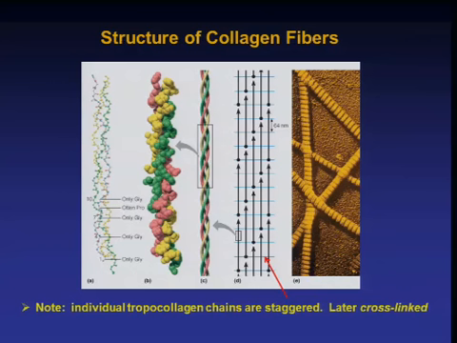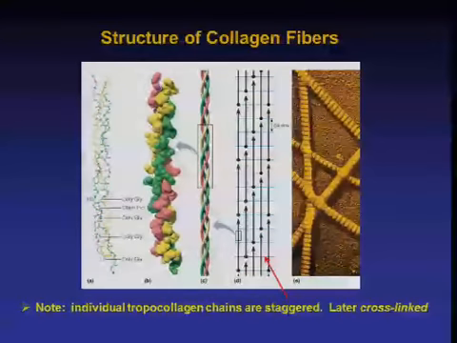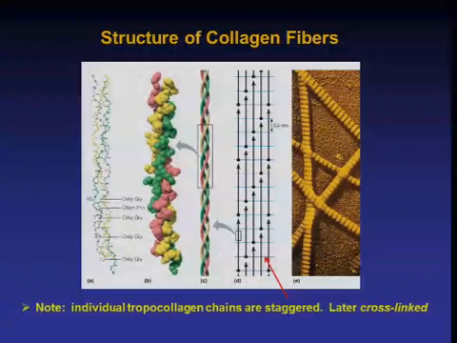If we get one between here and here, these 2 are going to be tethered, which means this is tethered to that, relatively speaking, because they're both tethered to that other fiber, right? So this covalent cross-linking after you've lined these tropocollagens up is what holds the whole thing together, all right? And you get these fibers.